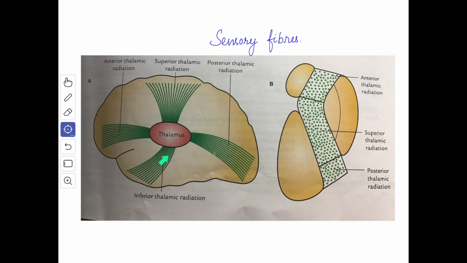Next is the inferior thalamic radiation which is directed inferiorly. The fibers pass through the sublentiform part of the internal capsule and most of them connect the medial geniculate body with the primary auditory area of the temporal lobe, forming the auditory radiation.